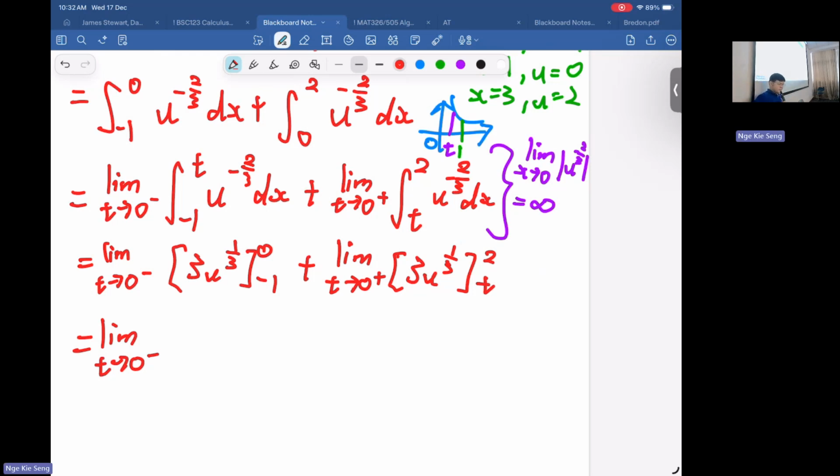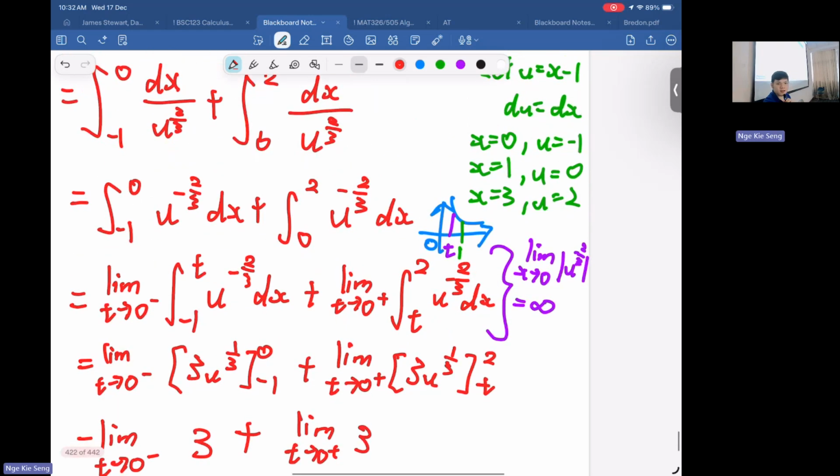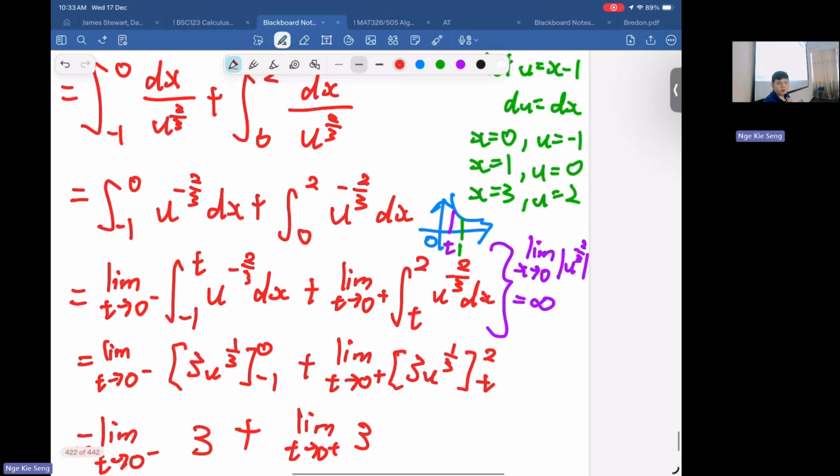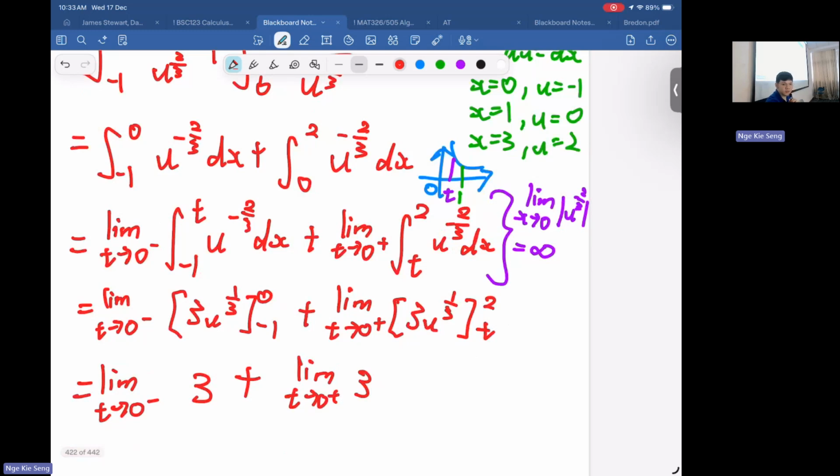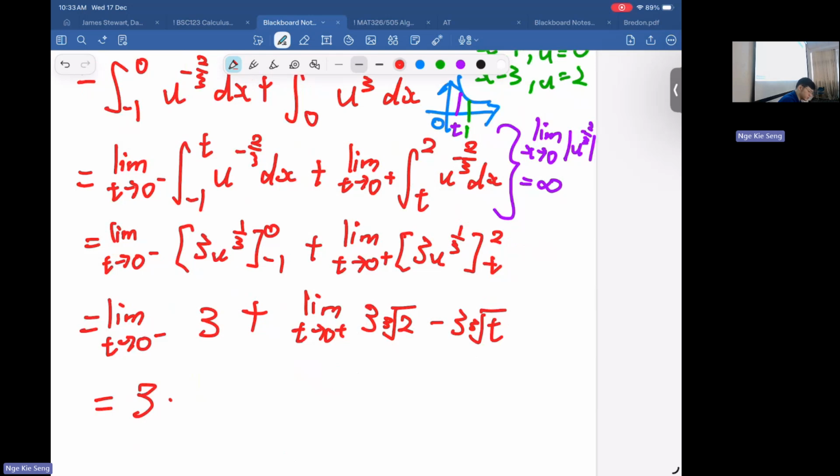Minus minus plus, so it becomes 3. And then on the other side, 3 of 8. Ah, right. In my own notes, I forgot to change the limit. So here it becomes cube root 2 minus 3 cube root 2. Altogether you get 3 plus 3 times the cube root of 2. Is it correct? Please check my answer.